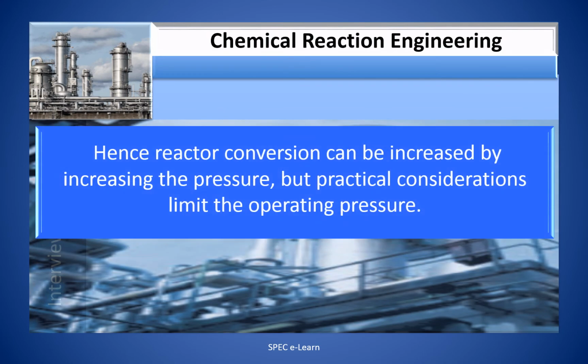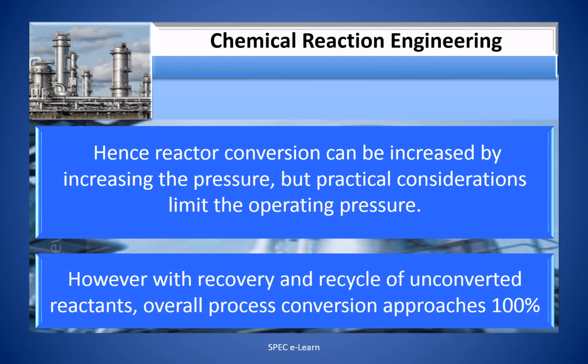Hence, reactor conversion can be increased by increasing the pressure, but practical considerations limit the operating pressure. However, with the recovery and recycle of unconverted reactants, overall process conversion approaches 100%.